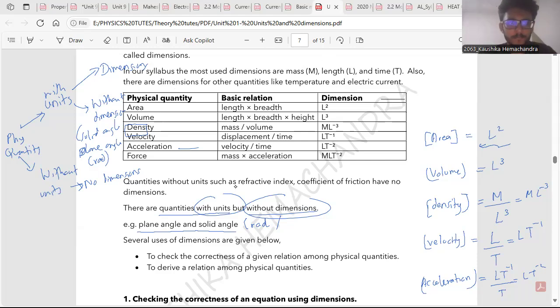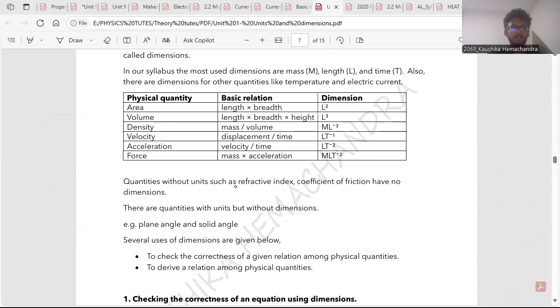Right. So now these dimensions can be used in two methods for two purposes. One is to check whether the given equation is dimensionally correct. Now you saw that we had an equation like v equals u plus at. You can check whether these dimensions match, because for the formula to be correct, the dimensions of v should be equal to the dimensions of u, which should be equal to the dimensions of the product of at.